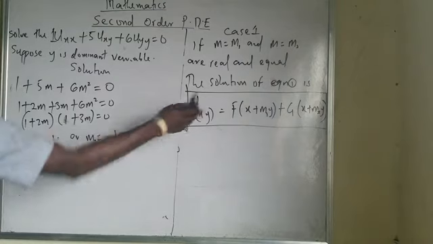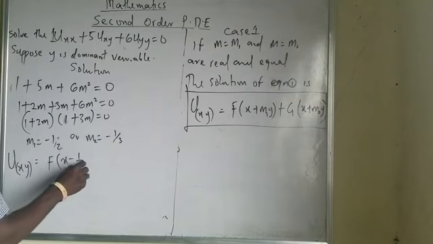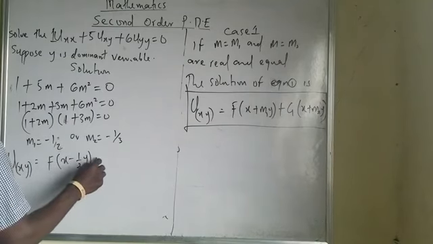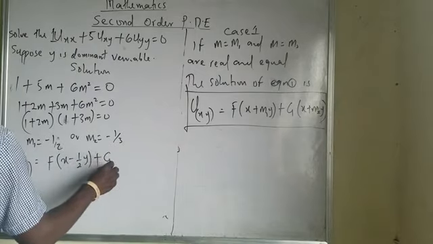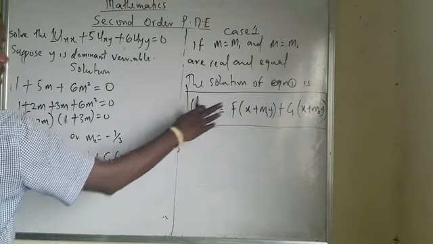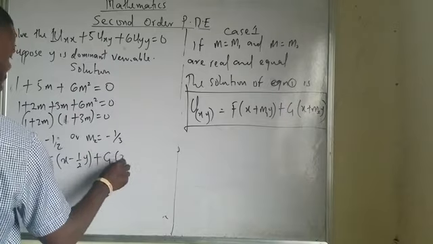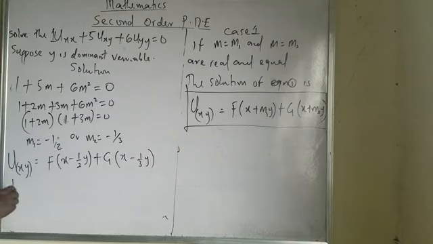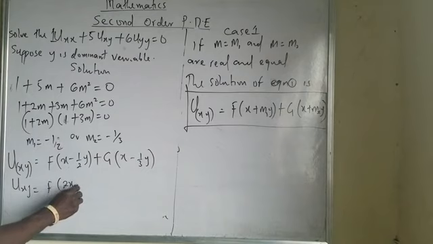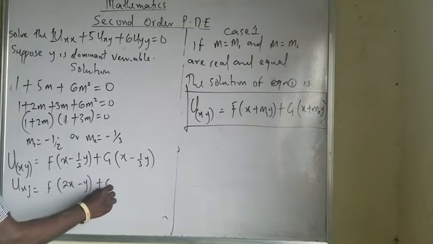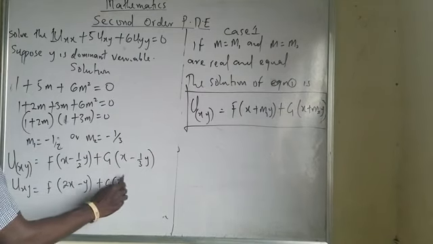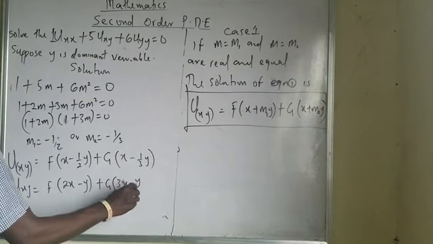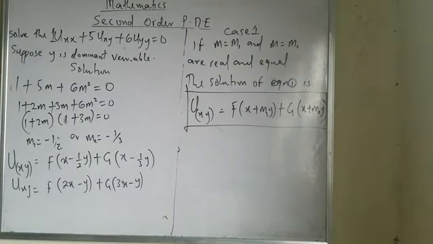As I've told you earlier, it is minus 1 over 2y, plus g of x minus 1 over 3y, which can also be written as u of x, y equals f bracket of 2x minus y plus g bracket of 3x minus y. That is what we are talking about here.